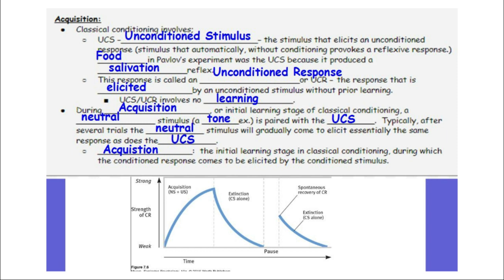But as you pair those several times together, eventually the dog is going to learn that they're going to get food and they're going to salivate. And they're going to learn that very quickly. But once we remove the food and we just have the neutral stimulus, which now becomes the conditioned stimulus, and that always happens, the neutral stimulus always becomes the conditioned stimulus.